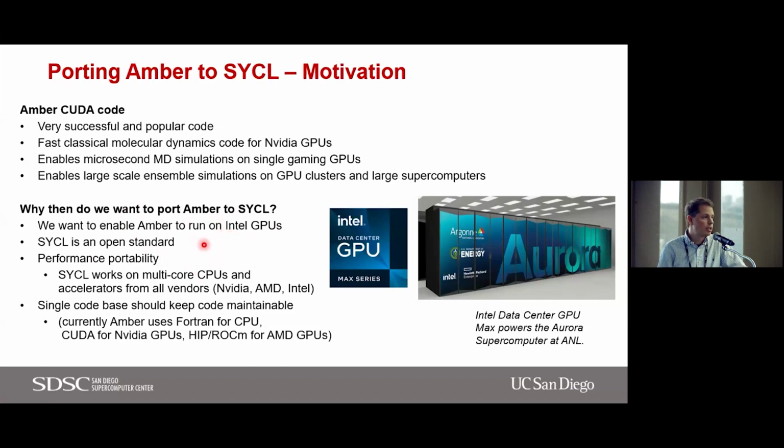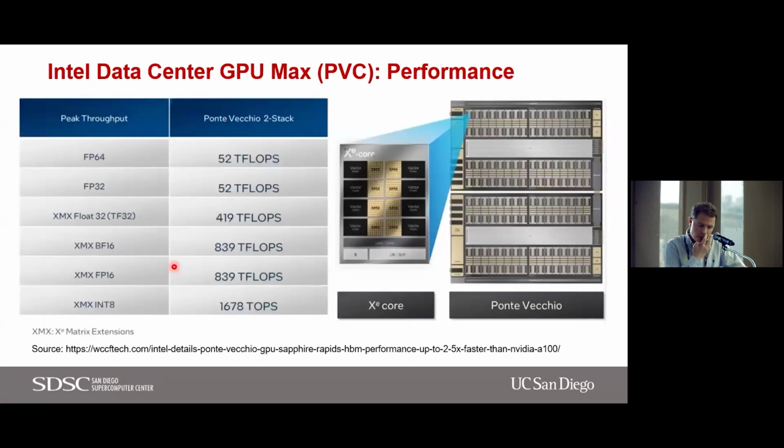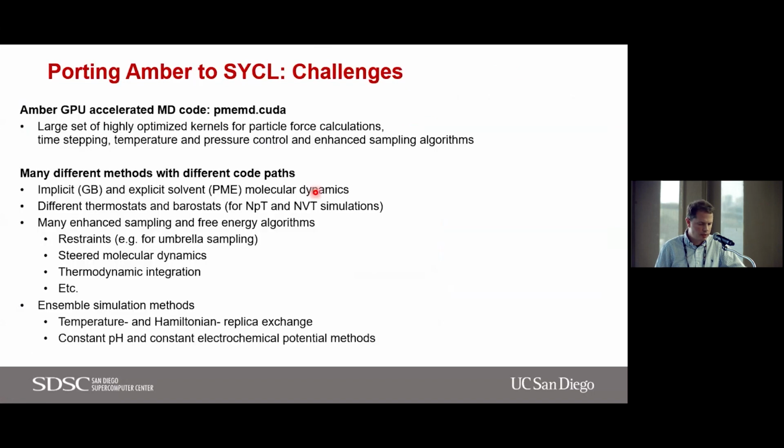We hope to attain performance portability in one way or another, because we could use different backends for NVIDIA, AMD, and Intel GPUs, and hopefully a single code base is also more maintainable. Of course, the Intel GPUs give us good floating point performance, and there's good memory bandwidth and similar things. I don't want to delve into details of the hardware, but that's some of the motivation.